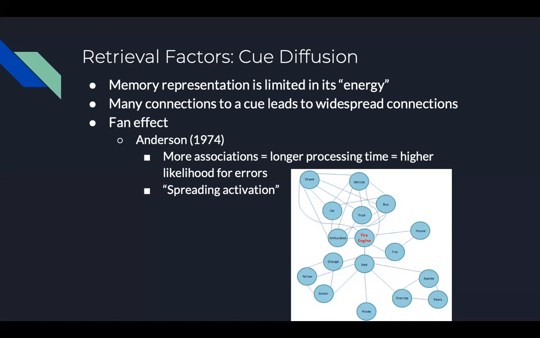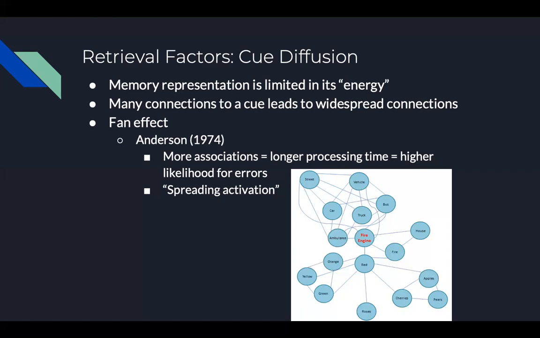And there's this idea that thinking of one concept has this sort of spreading activation, so this activation that occurs along these association routes away from the initial concept. And so how Anderson studied this and then eventually came to develop this fan effect idea is that he had participants memorize 26 sentences.